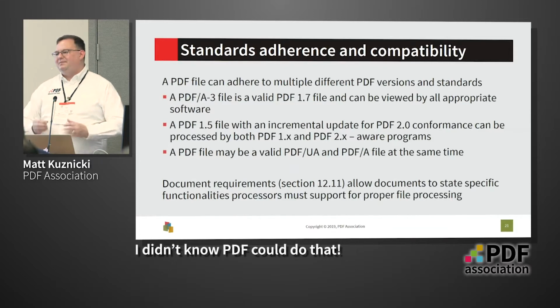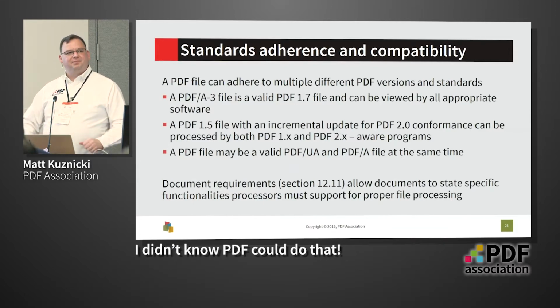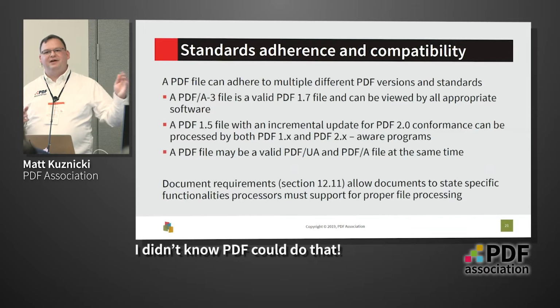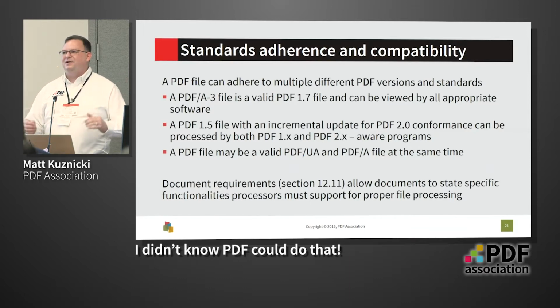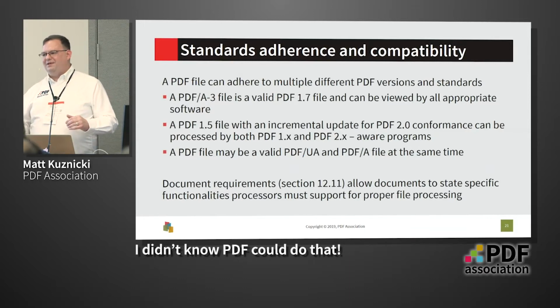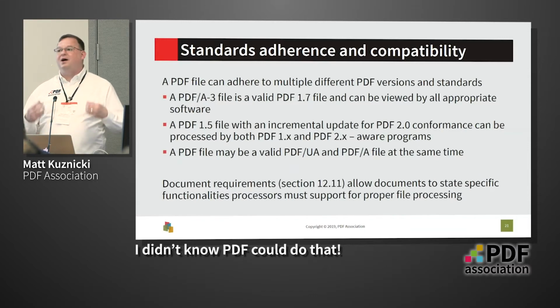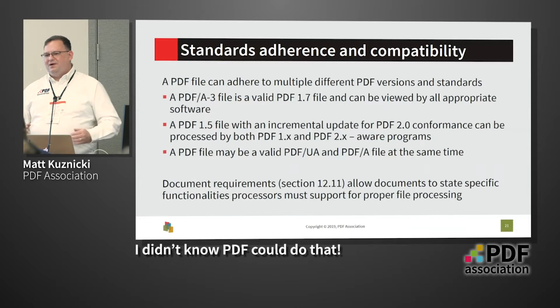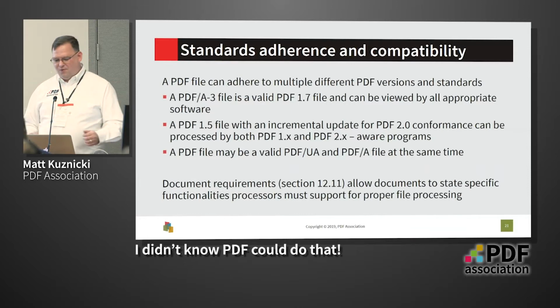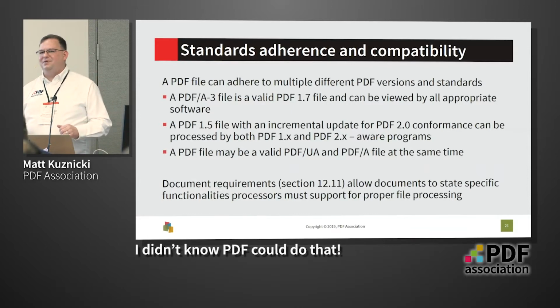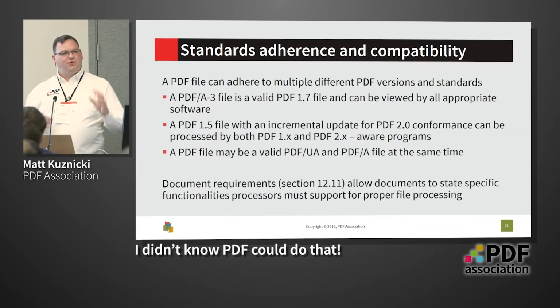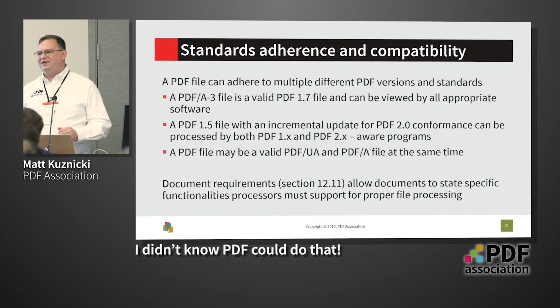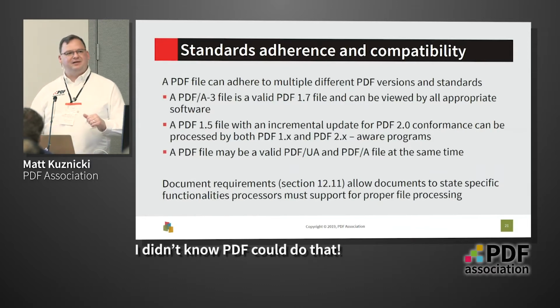And PDFs can adhere to multiple substandards or multiple variants at the same time. A PDF A3 file can be a valid PDF UA1 file, can be archivable and accessible. We can also, via document requirements, let documents tell tools and workflows and users what PDF features they need to support for an optimum experience.